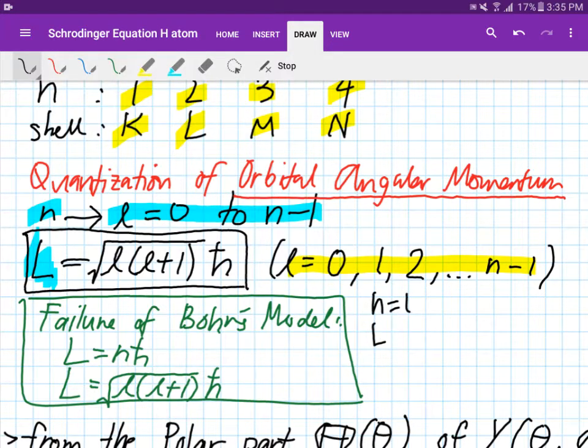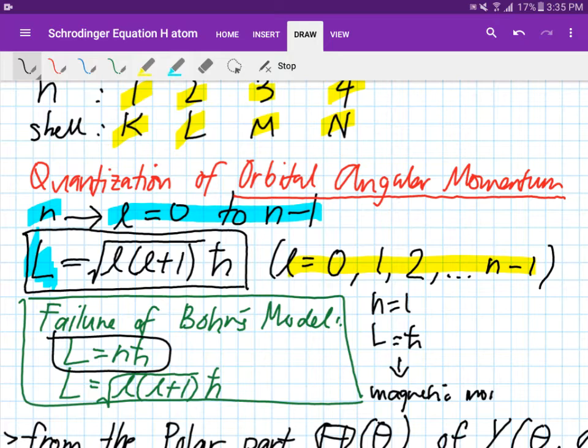This will give us, from Bohr's model, L equals n h bar, so L equals h bar, which means there is a magnetic moment arising from the orbit of the electron. But experiments show that at the ground state, where n equals 1, there is an associated l equals 0.